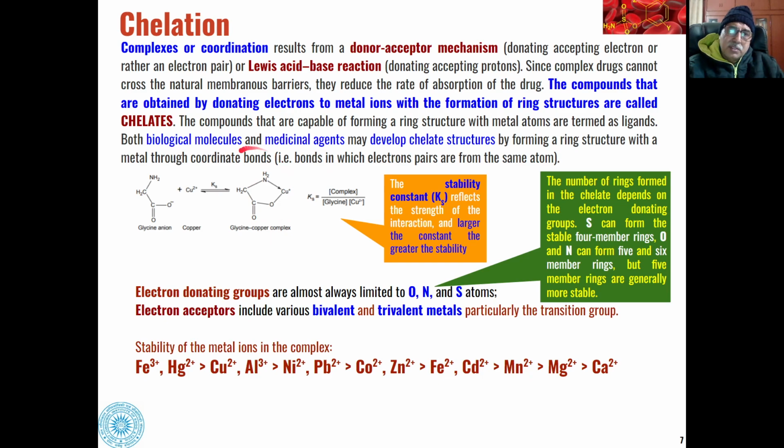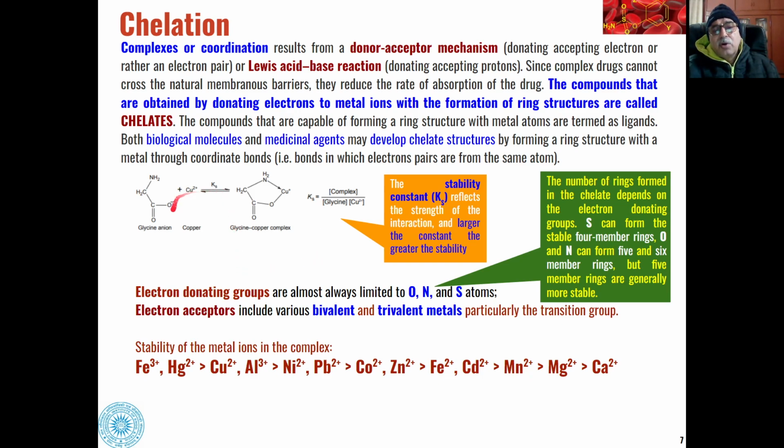So this is called as a chelating complex of glycine with copper, and the stability of this complex will be determined by the stability constant. More the value of this stability constant, higher will be the stability of the complex.